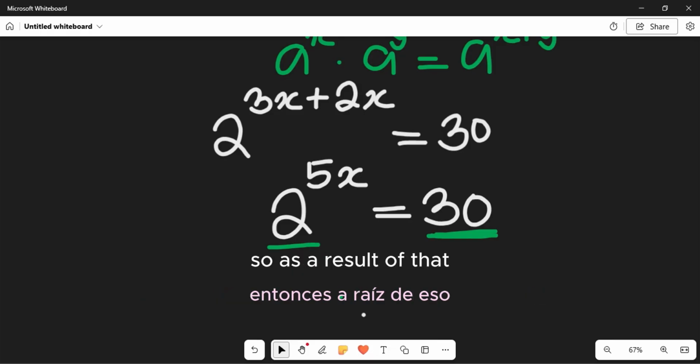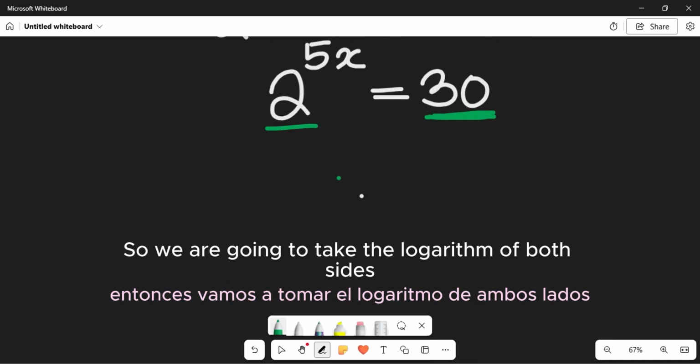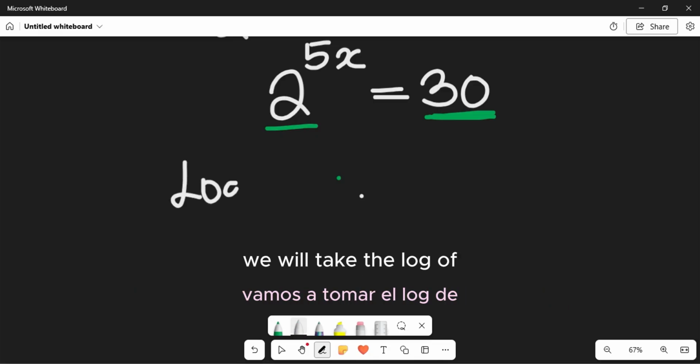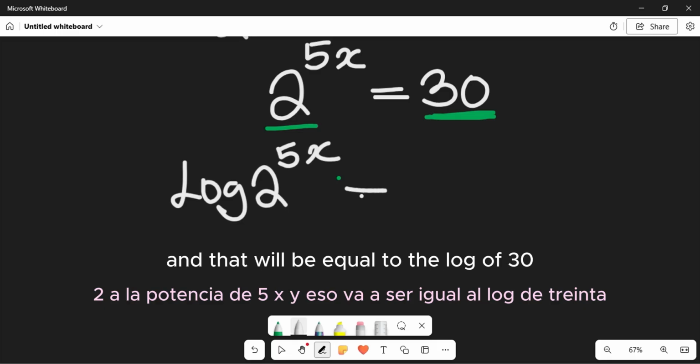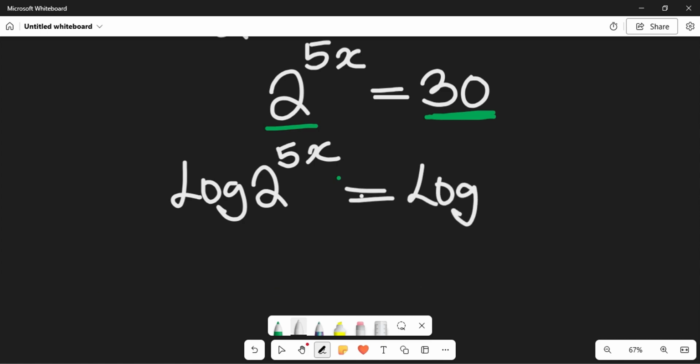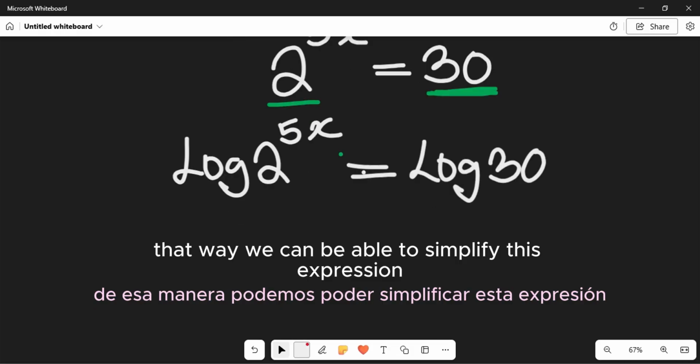So as a result, we are simply going to apply the laws of logarithm. We are going to take the logarithm of both sides. We'll take the log of 2 to the power of 5x, and that will be equal to the log of 30. That way, we can simplify this expression.